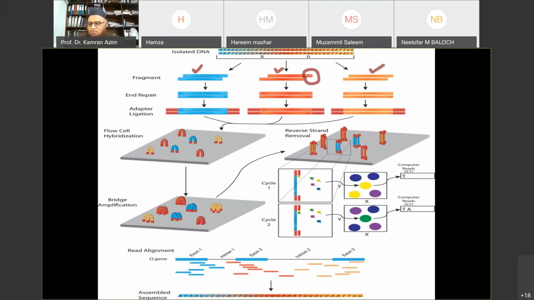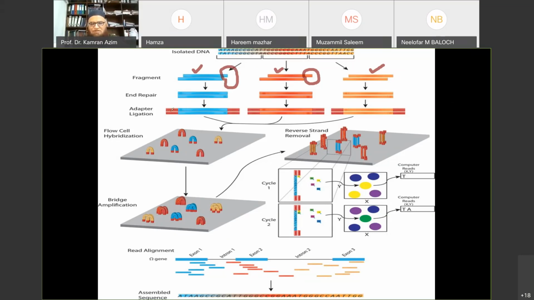In order to remove these, we treat the fragmented DNA with different enzymes. Now we have clean and repaired DNA molecule fragments as a result of fragmentation.